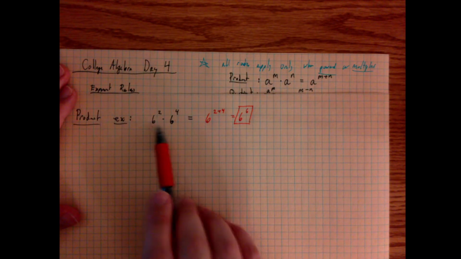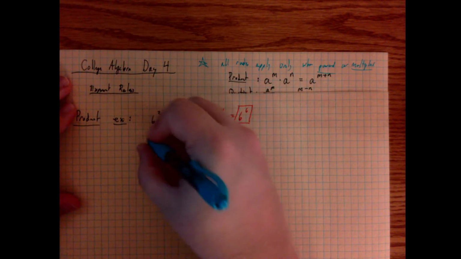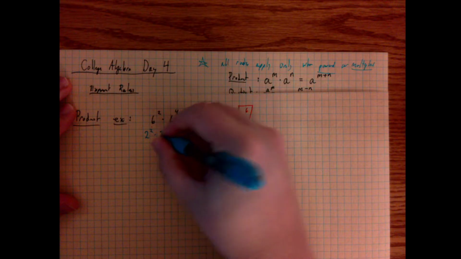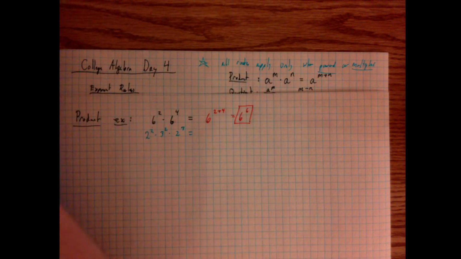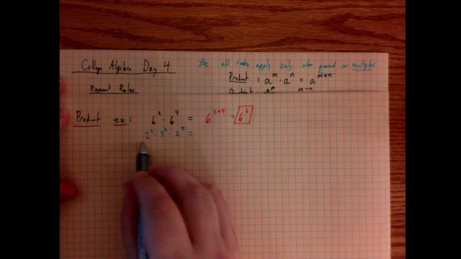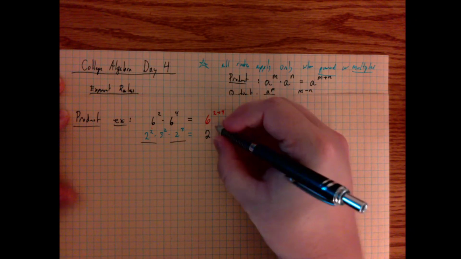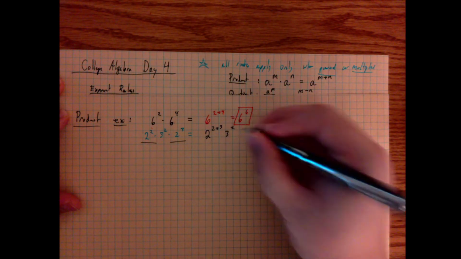Notice that the bases have to be consistent in order for this to work. If the bases are inconsistent, like say 2 squared times 3 squared times 2 to the third, you may only do this rule with ones that have the same base. So I could take these 2, make this become 2 to the 2 plus 3, and then the 3 just stays on its own.